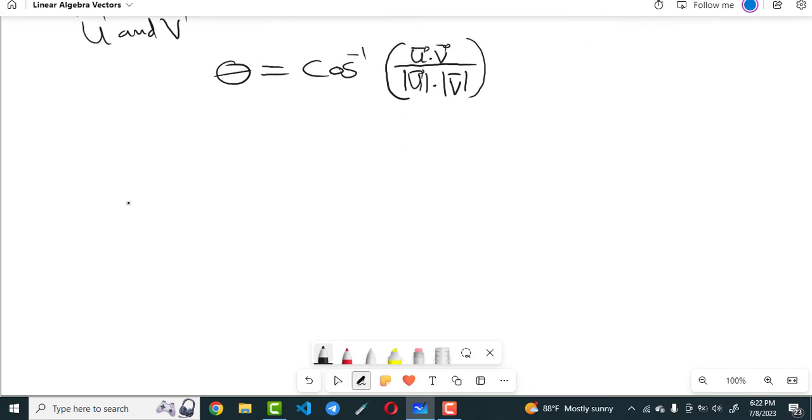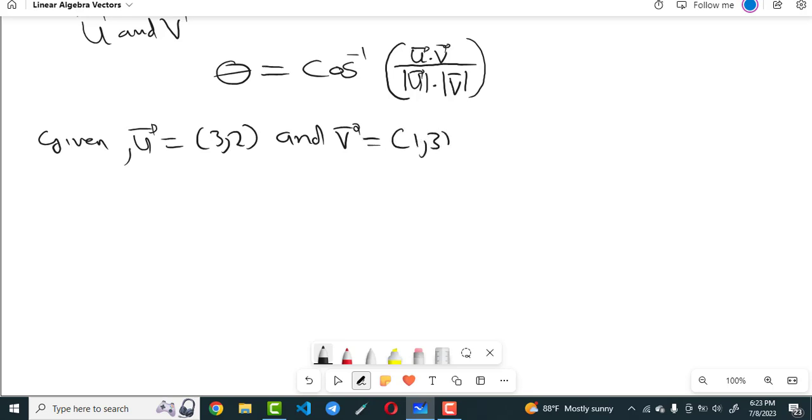Let us try to calculate the angle for a given example. Given a position vector u, 3 and 2, and position vector v equals 1 and 3.